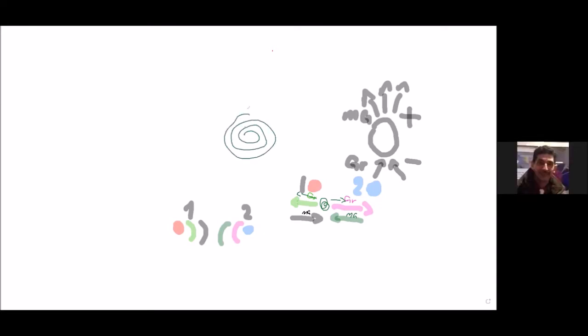If you have a field and this one is taking gravitational and this one is taking gravitational, you have nothing more. All the strength went to both Earth and Sun.